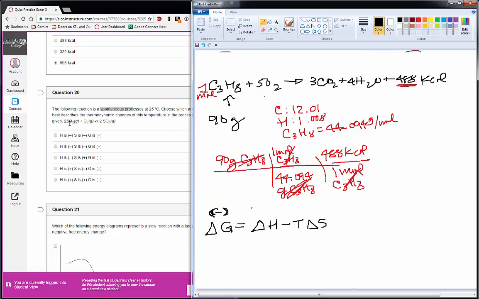And looking at this reaction, I have 3 moles of gas going to form 2 moles of gas. It's a combination reaction, so I am forming fewer molecules. I'm becoming more ordered. That tells me that delta S is negative because I'm becoming more ordered. I have fewer product molecules.